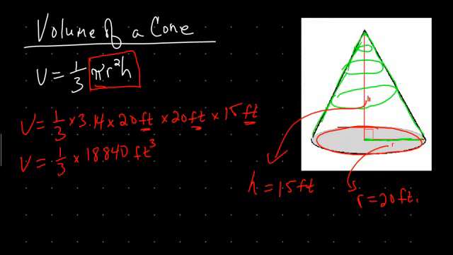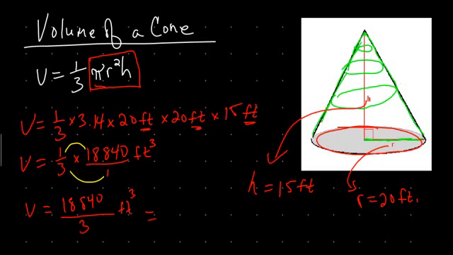And remember, when we multiply by a fraction, we write everything as a fraction and multiply straight across: top times the top, bottom times the bottom. I'm going to get a volume of 1 times 18,840 over 3 times 1, which is 3, cubic feet.